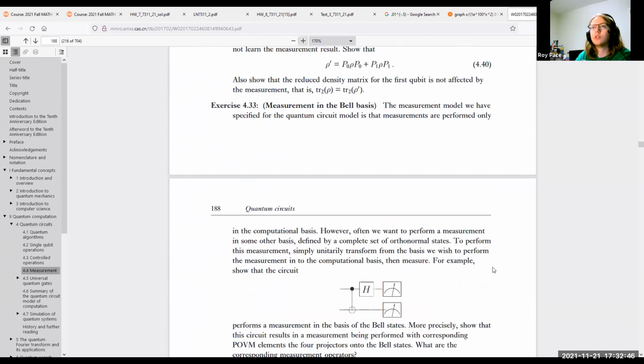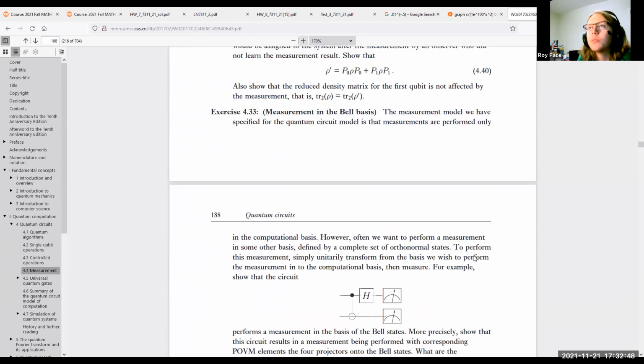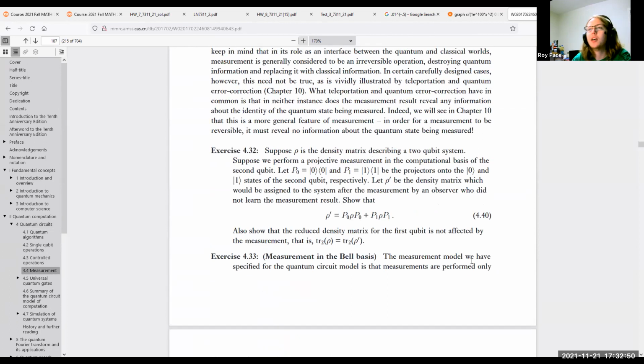Okay, so exercise 4. No, that's not what I wanted to look at. Exercise 4.32. So suppose rho is a density matrix, so it could be a pure or mixed state, describing a 2-qubit system. Then you perform a projective measurement in the computational basis on the second qubit.